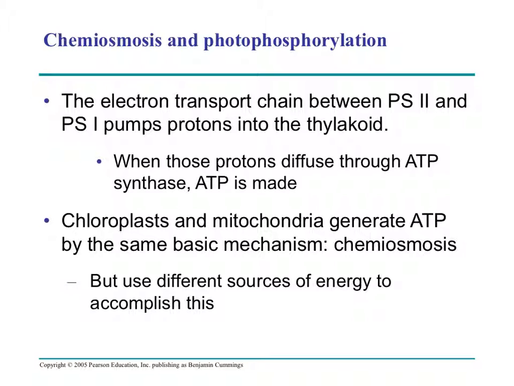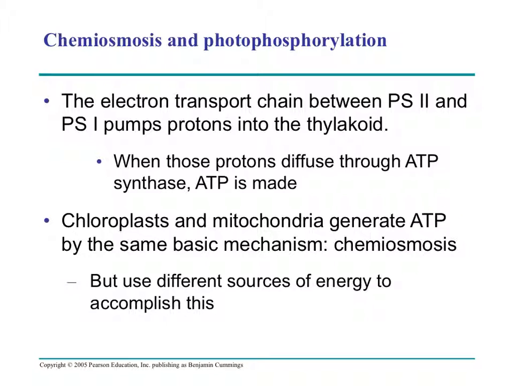Chloroplast and mitochondria are both generating ATP using chemiosmosis, okay? Both are using the same idea of this ATP synthase. The protons that are occurring from another step are able to fall down their concentration gradient from a high concentration to a low concentration, where we can make ATP using that concentration gradient.